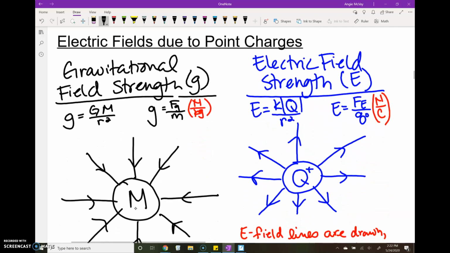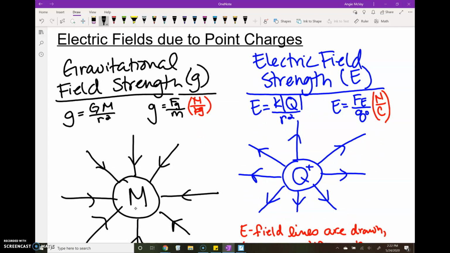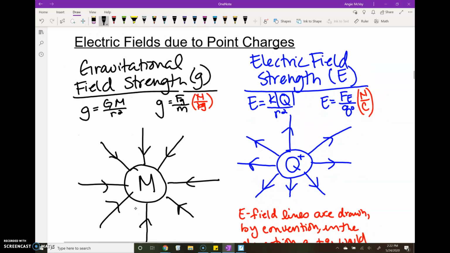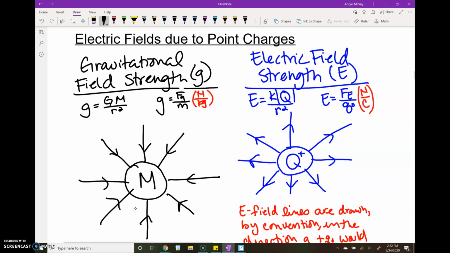Okay, now I did some pre-drawing on this slide just to kind of help us out with some time. But again, we had done some comparison a couple weeks before of electric field strength and gravitational field strength, and what you'll see are the equations that we had in our graphic organizer that we developed a couple of weeks ago.